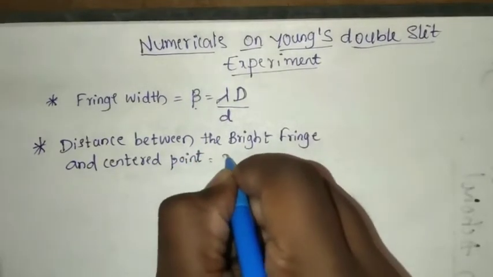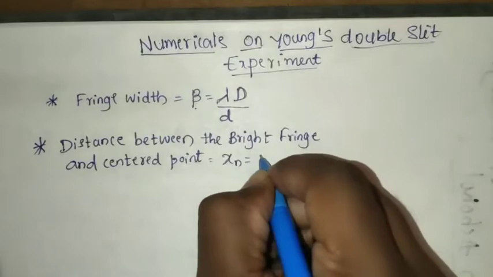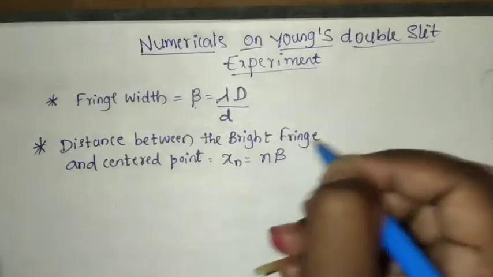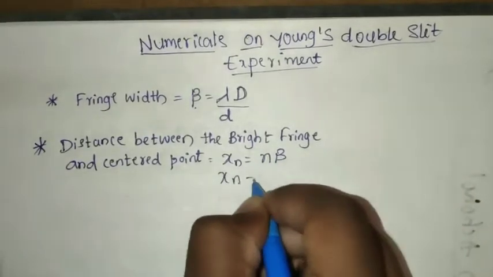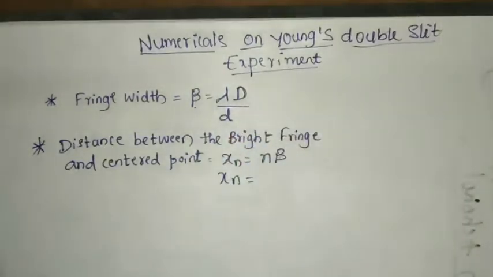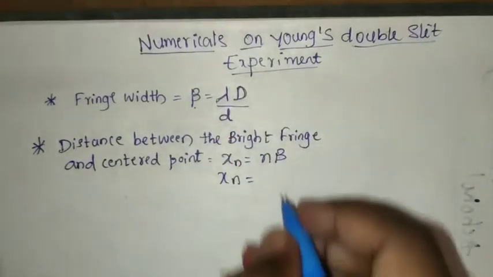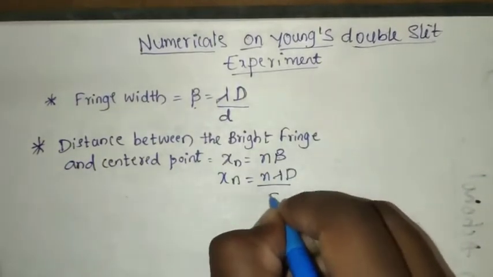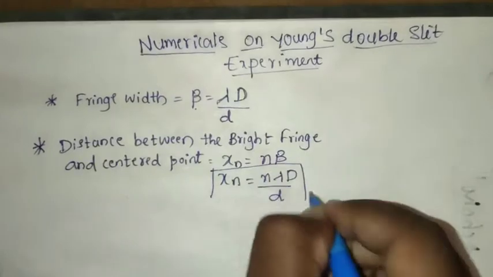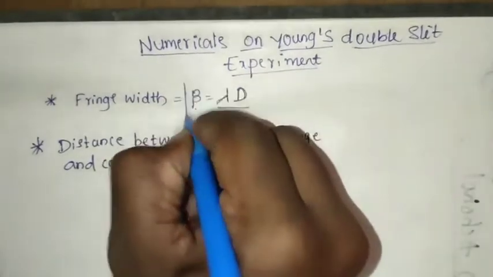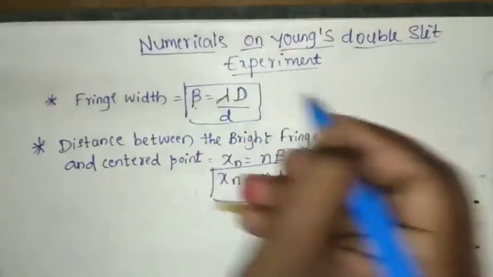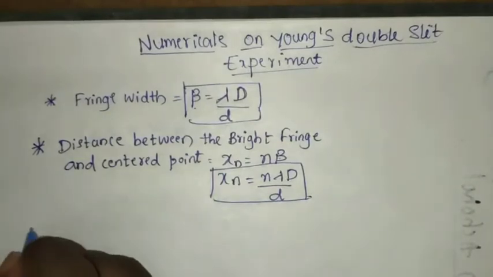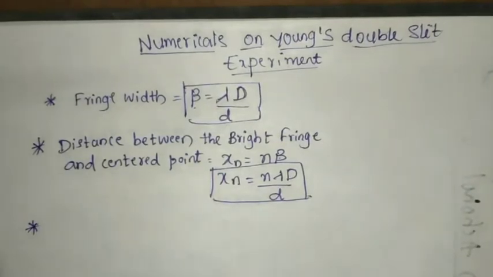That is xn equals n beta, where beta is lambda D by small d. So the formula for the distance between the bright fringe and the center line is n into lambda D by small d. This is one more important formula. Next, the distance between the dark fringe and the central point.